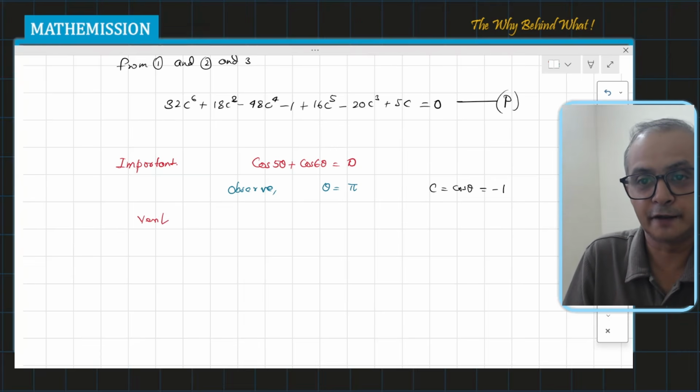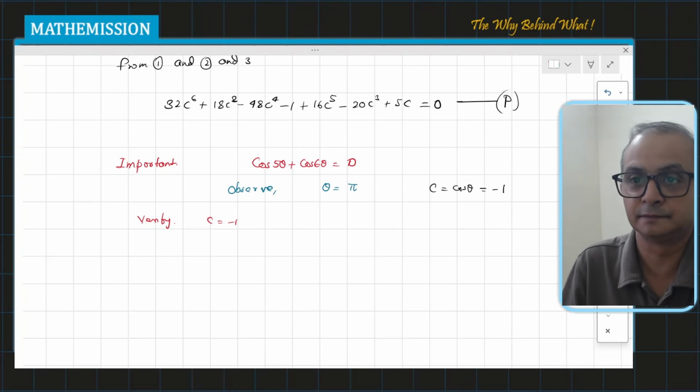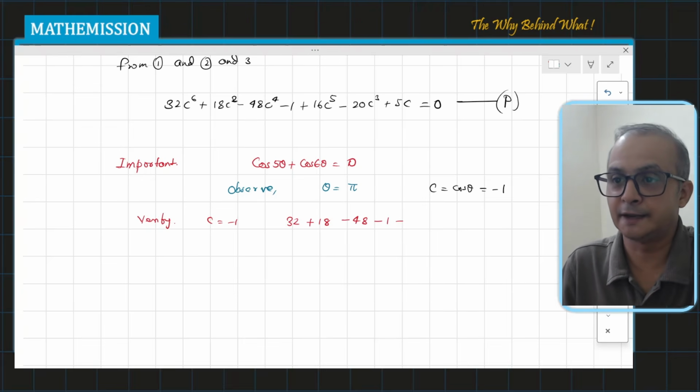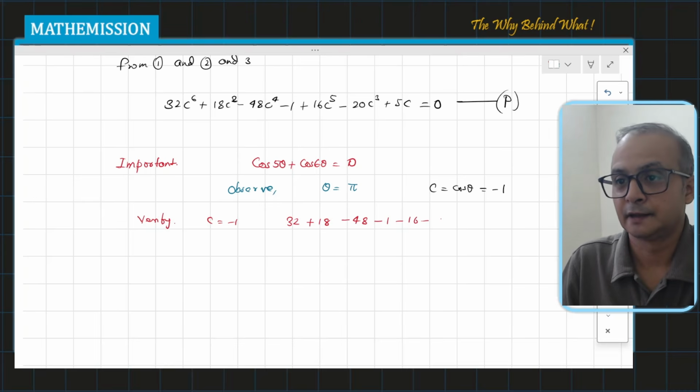If you want to verify, let's substitute c equal to minus 1 in this equation p. So we get here 32 plus 18 minus 48, all the even powers, minus 1, and this will become minus 16, and the plus 20 and minus 5.